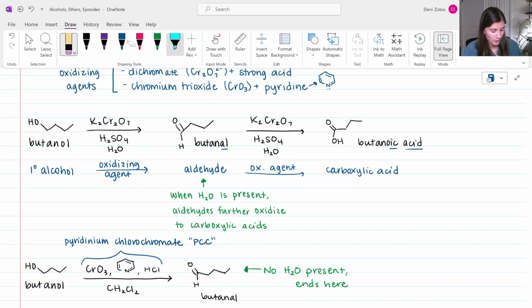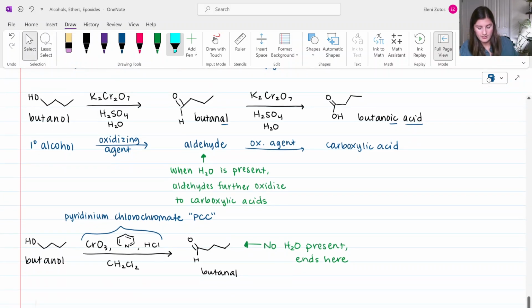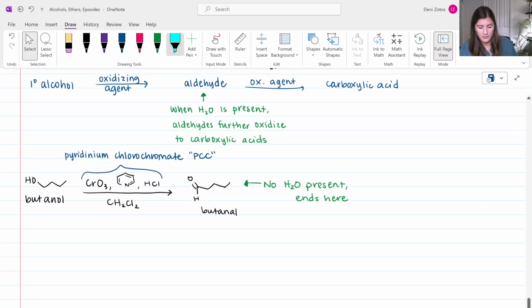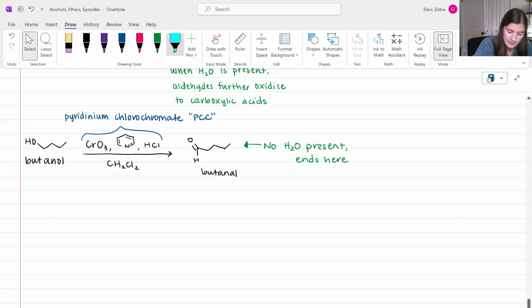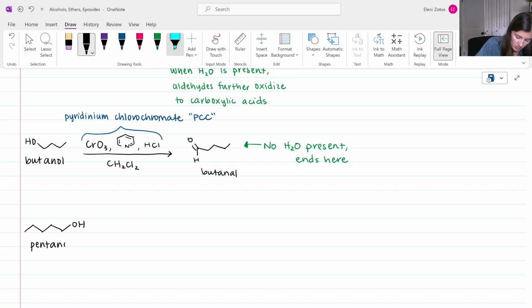Okay, one more set of reagents that I want to review, and then we'll be done for these oxidizing reactions. Here's another example if we have a primary alcohol. We'll do pentanol, kind of change it up from butanol.